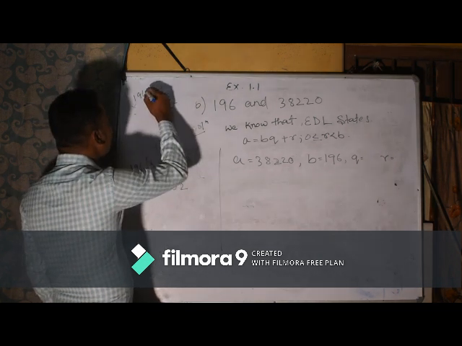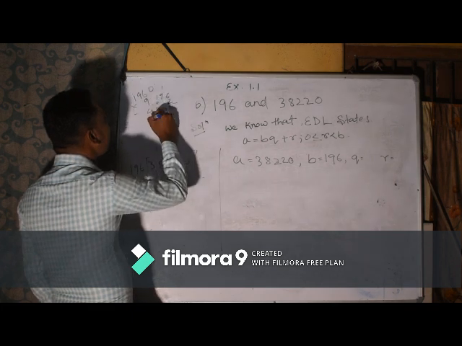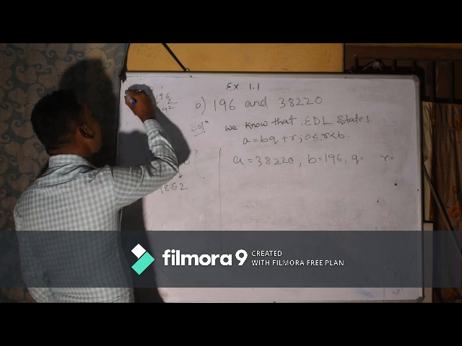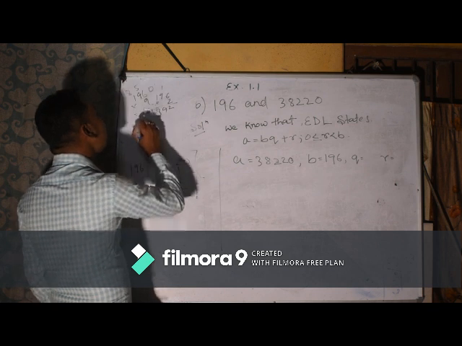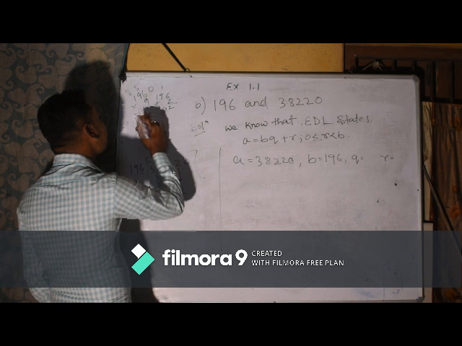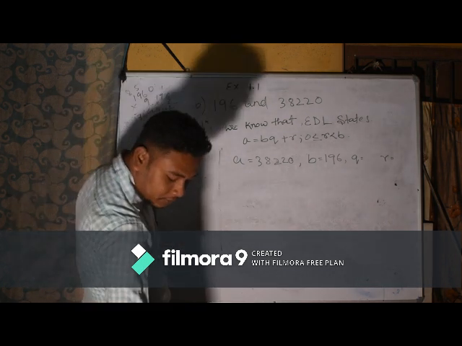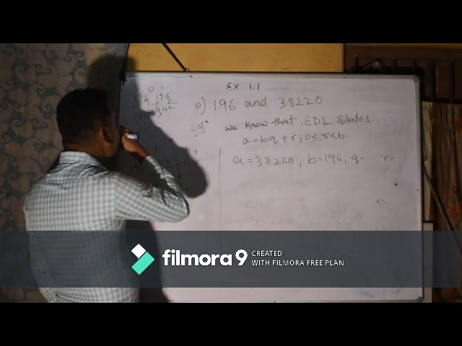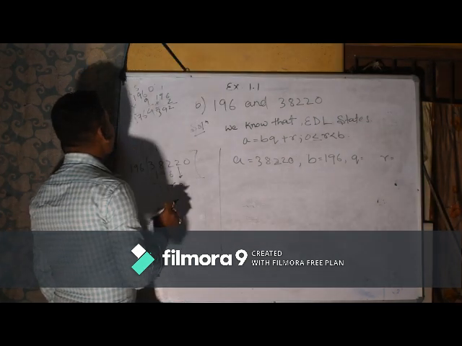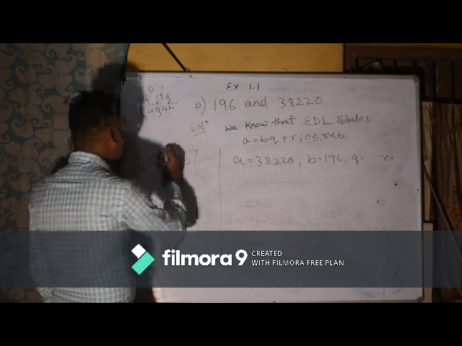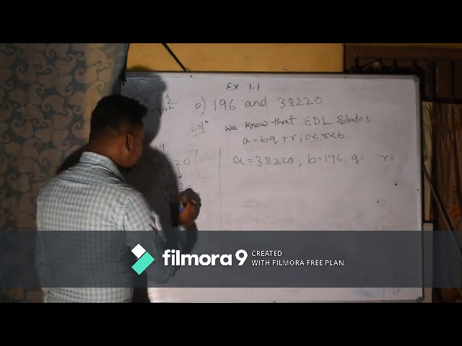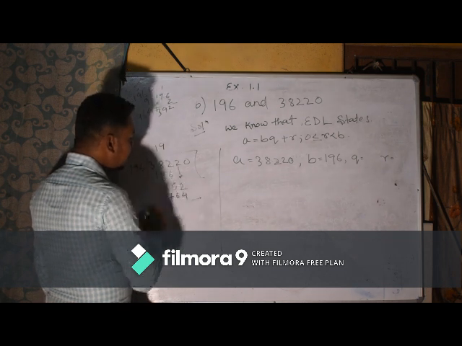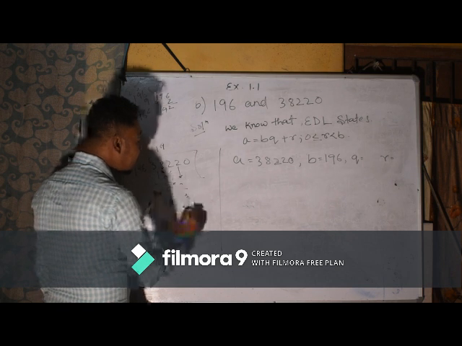So let us see. 9 6s are 54, 4 carry 5, 9 9s are 81 plus 5 is 86, 6 carry 8, 9 1s are 9 plus 8 is 17. So 1764. So the remainder comes 2 4s are 12 minus 4, 8.